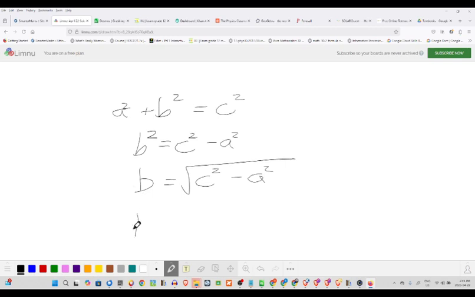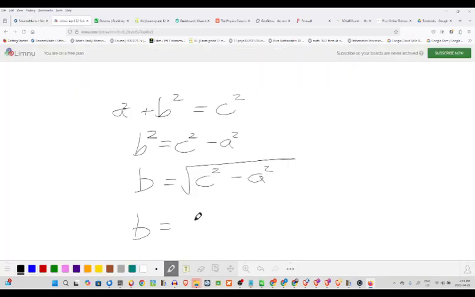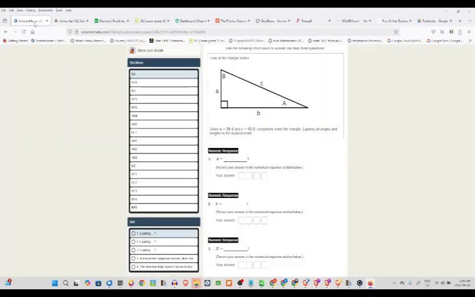So we can rearrange our Pythagorean theorem here. Our hypotenuse is 42.0 units long. I'm going to write in the square root in the last step. This side is 28.4.